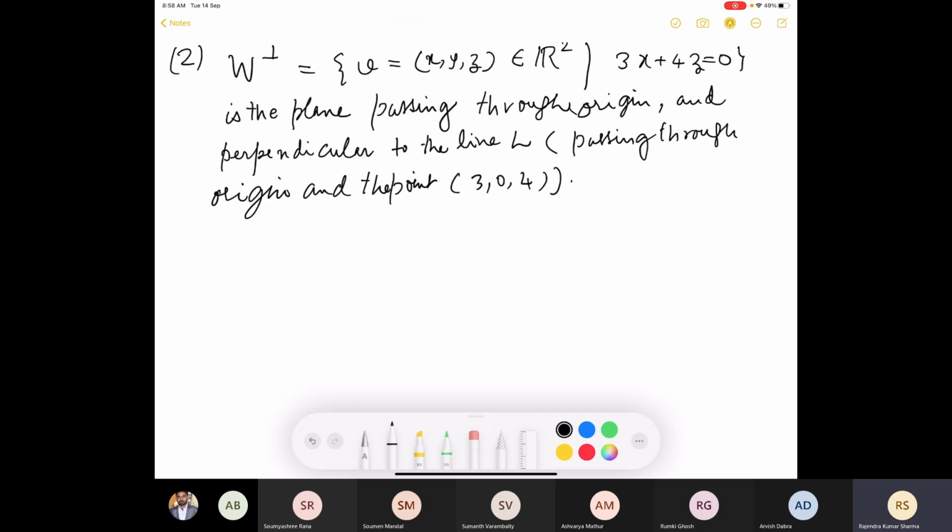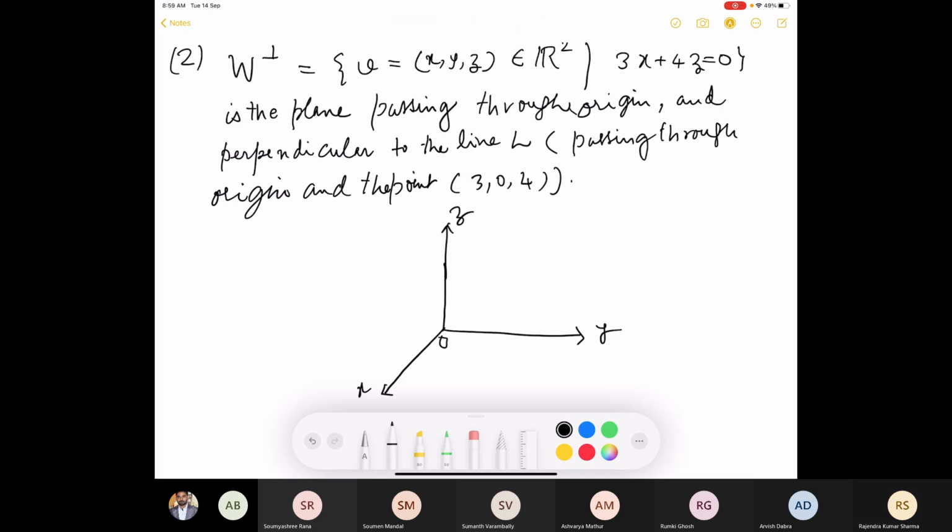So you can see first of all this line passes through the origin.